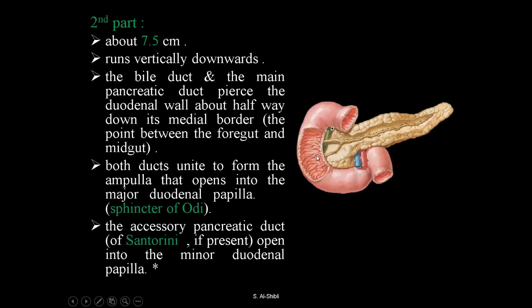Through this papilla, we can do the ERCP, endoscopic retrograde cholangiopancreatography. We introduce the scope through the mouth, esophagus, and stomach, and when we reach here, we enter, and it's up to us. Either we go to the bile or to the pancreatic ducts, and we can do whatever we want.